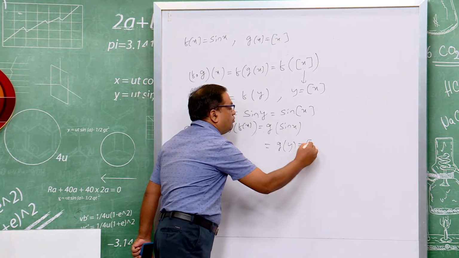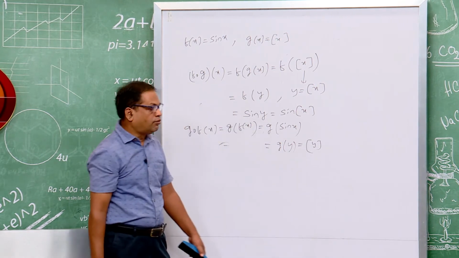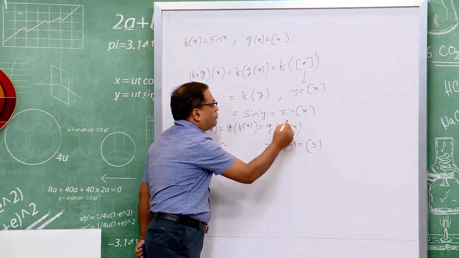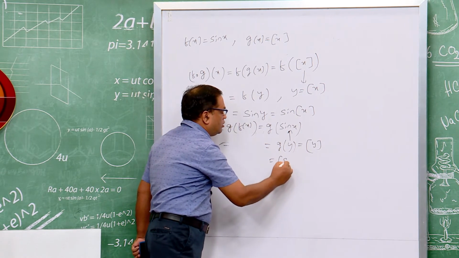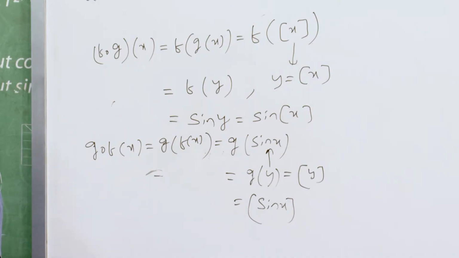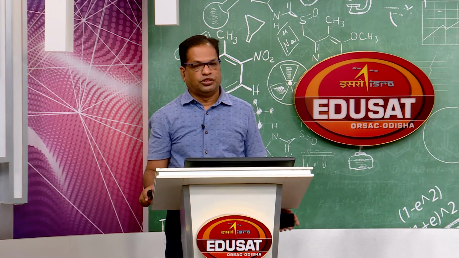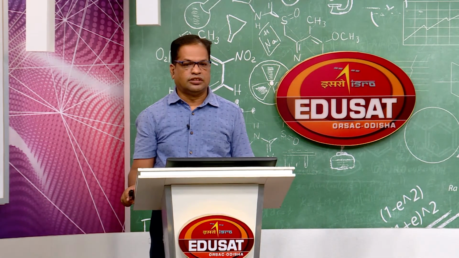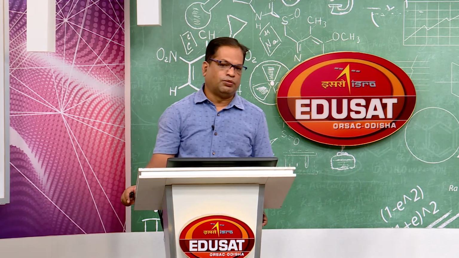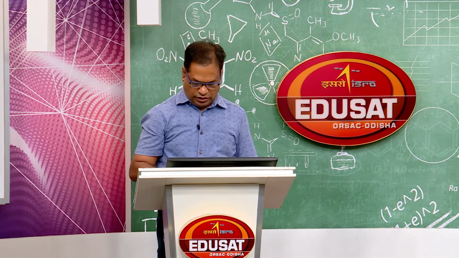So, g of y will be bracket of y, and we put y equal to sin x. So, this is bracket of sin x. So, this is how we can compute f composition g and g composition f. Similarly, when f is equal to cos x, g(x) is equal to sin x square, you can also compute f composition g and g composition f.